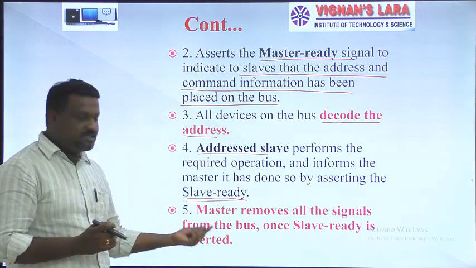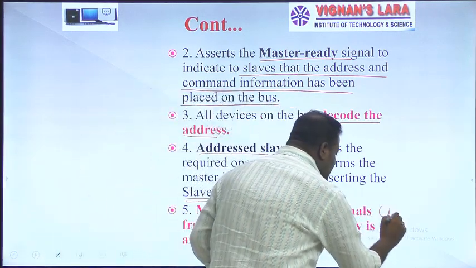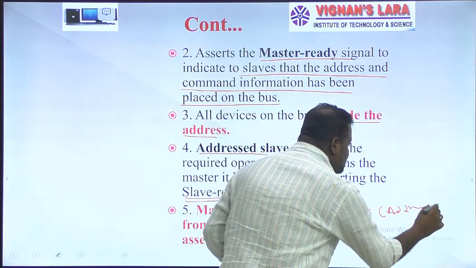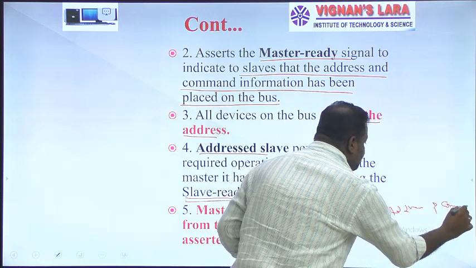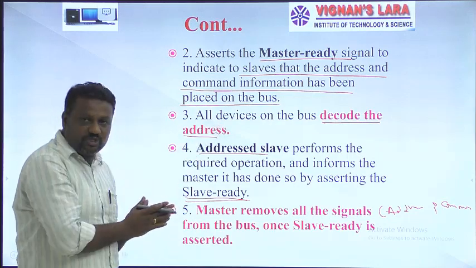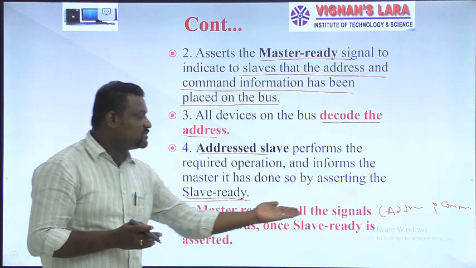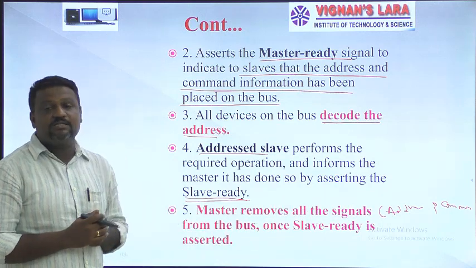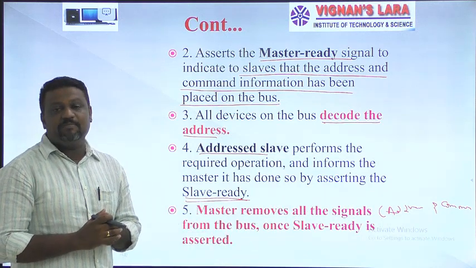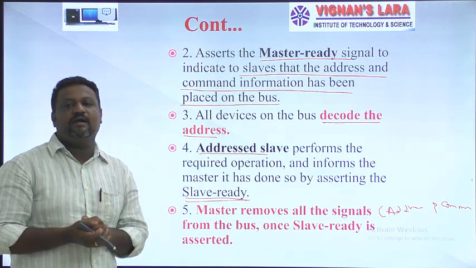These two types of information are removed by the master once the slave ready signal is asserted. That means the operation on the bus between the master and the slave was finished.